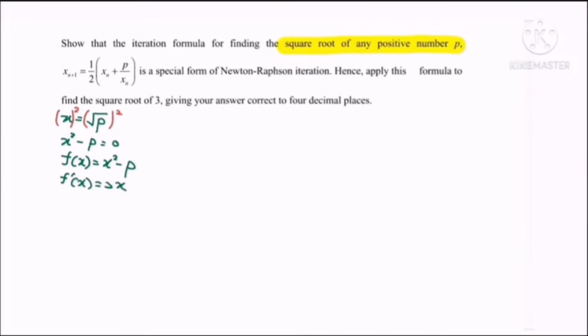Next, referring to the question, show that the iteration formula x sub n plus 1 is equals to 1 over 2 bracket x sub n plus p over x sub n. So what we have to do now is to substitute the function into the formula.